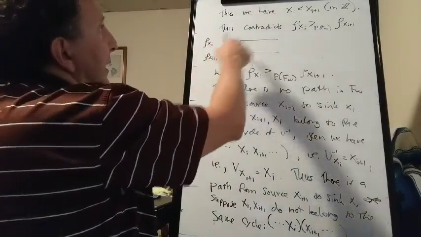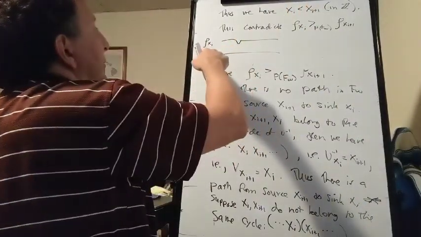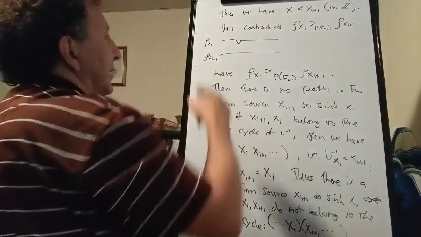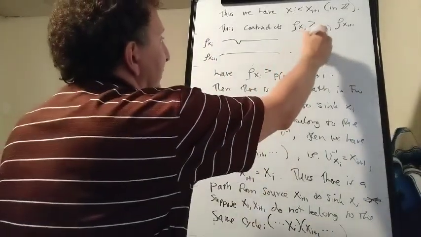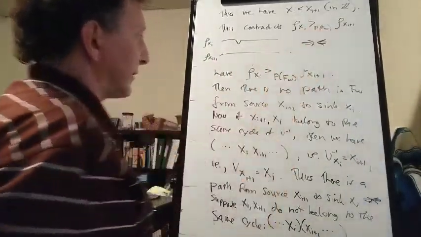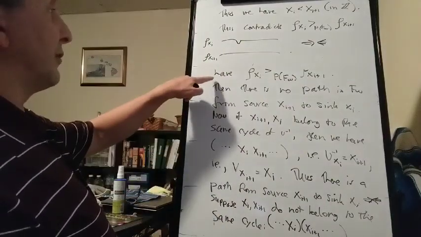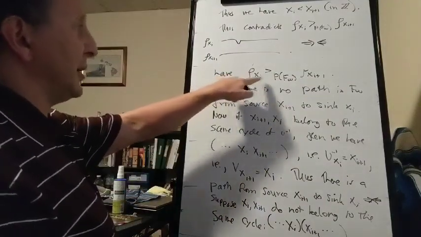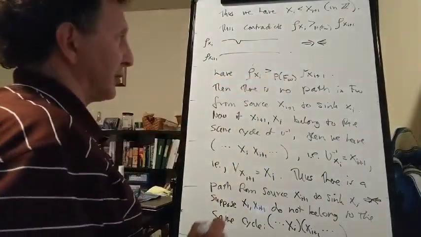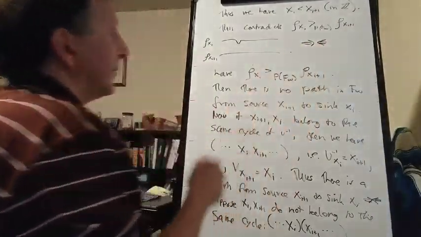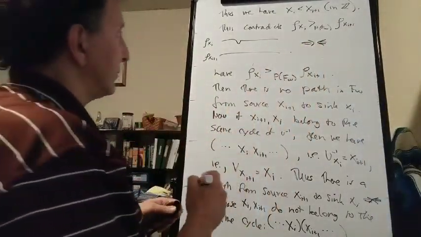This has to be xi plus 1 has to be less than xi in order to have this relation between them. So that's a contradiction. Therefore we cannot have rho xi being greater than rho xi plus 1 in this sequence of paths.